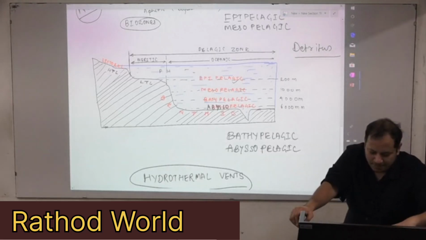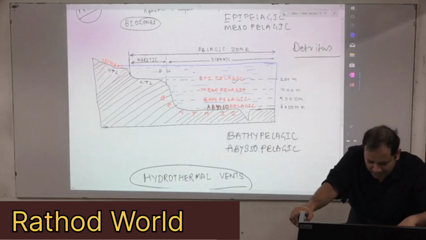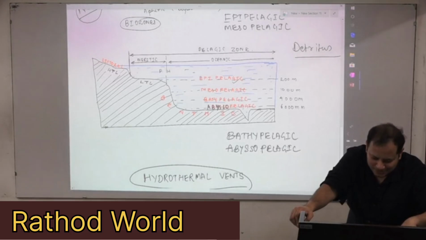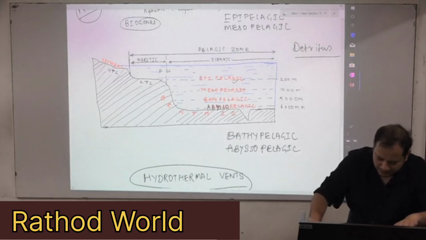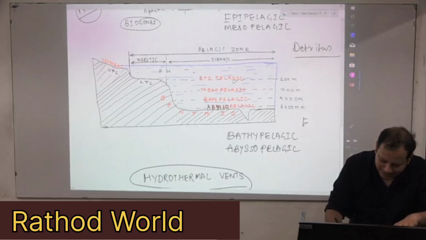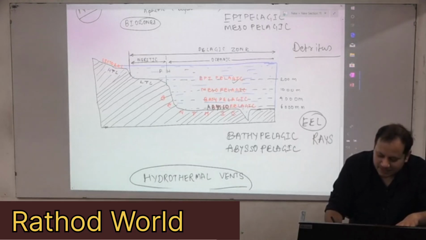Next, the majority of the animals include octopus, eel, rays, stingray, etc., rays, and sharks.